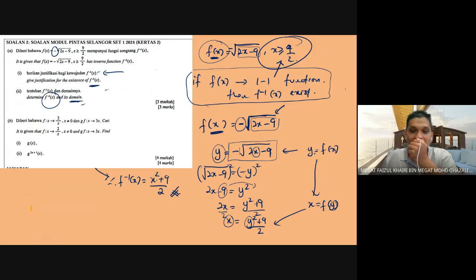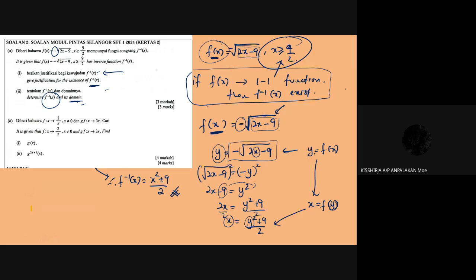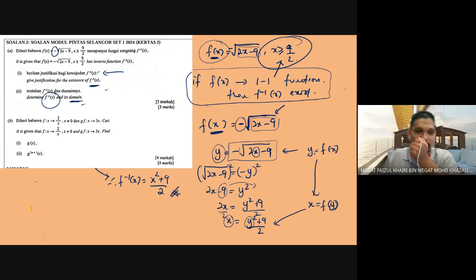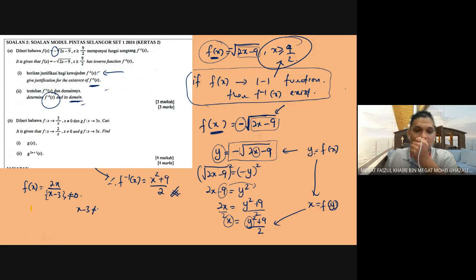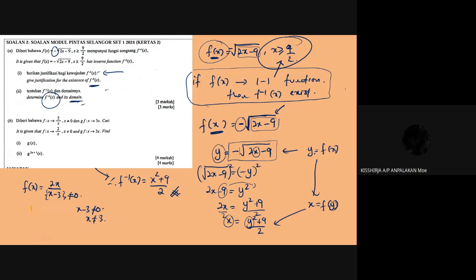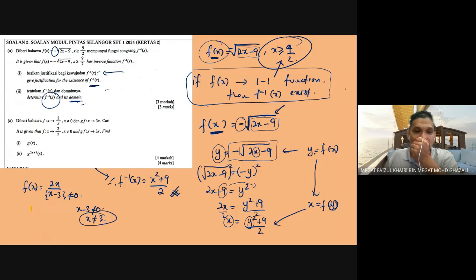So is there any value of x that makes the function undefined? For example, if I have the function f(x) equal to x divided by x minus 3, we know that the denominator cannot be equal to 0, right? So x minus 3 cannot be equal to 0, so x cannot be equal to 3. All values of x make the function defined except when x equal to 3. In another form, negative infinity to 3, union 3 to positive infinity.